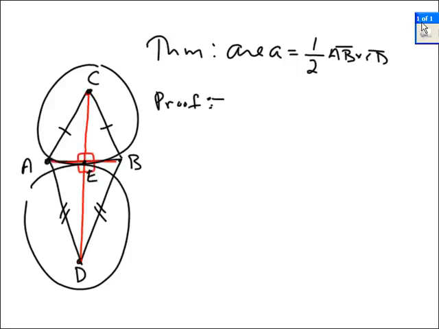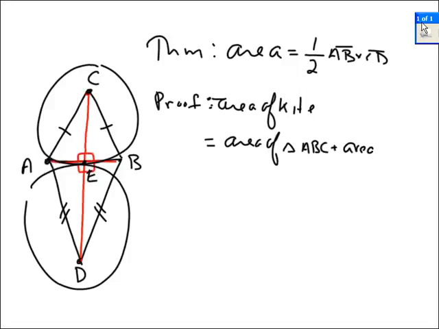So the proof. The area of the kite is equal to the area of the top triangle, ABC, plus the area of the lower triangle, ABD.